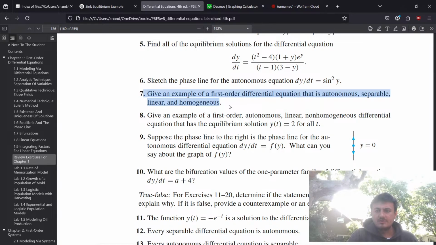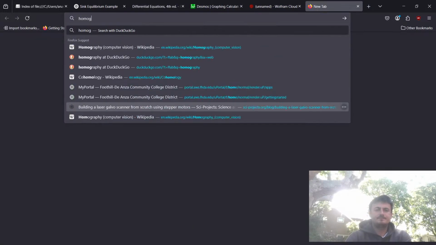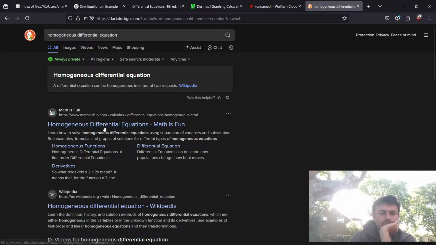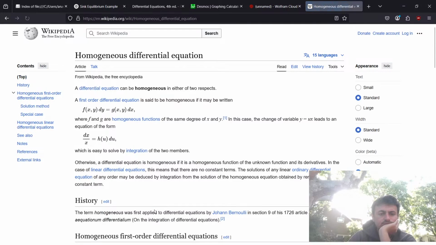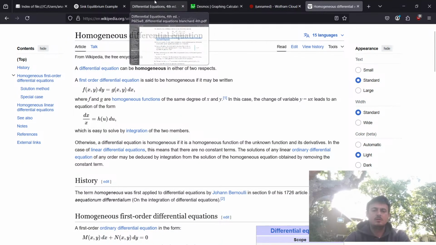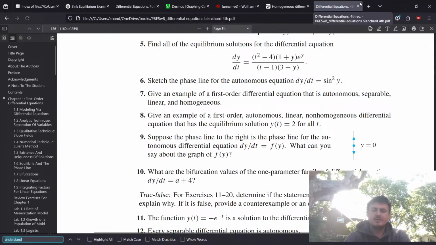Given an autonomous, separable, linear, and homogeneous. What is homogeneous? I don't think we know this yet.